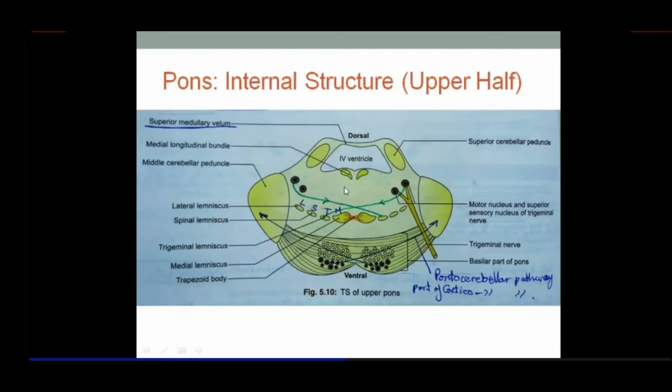Another important identifying feature is that the trigeminal nerve nuclei lie at this level. The chief sensory nucleus of the trigeminal lies here. Medial to it will be the motor nucleus of the trigeminal nerve. So you'll find two nuclei here. You have a motor nucleus placed medially, M for motor, M for medial, and the main sensory nucleus.